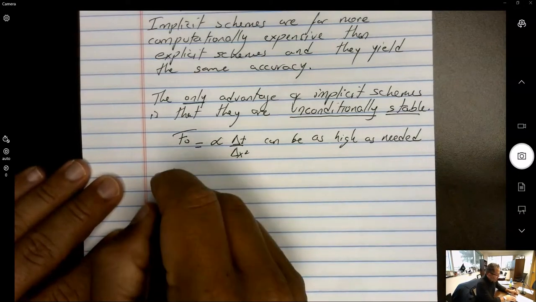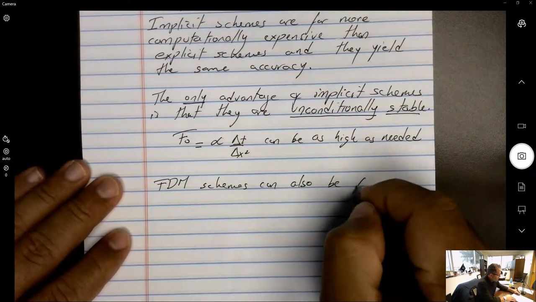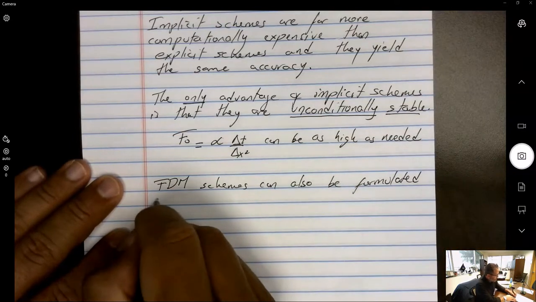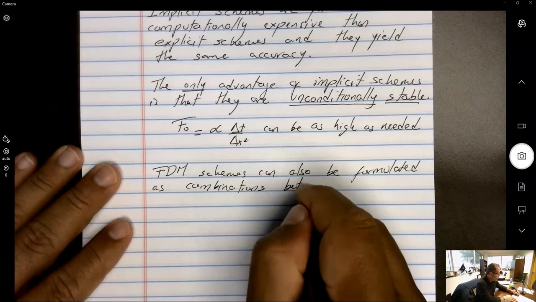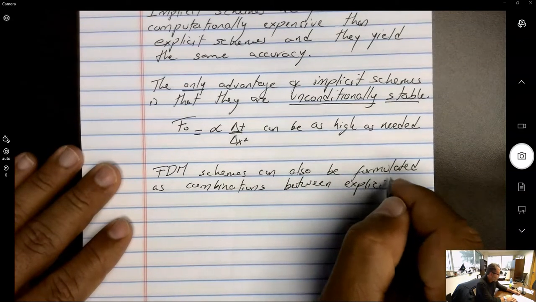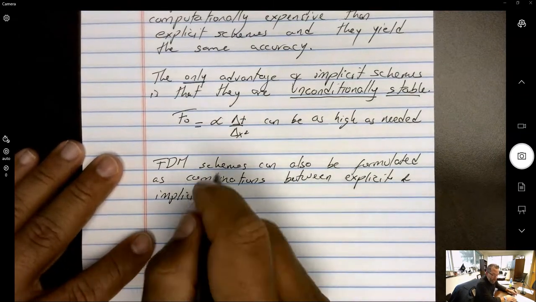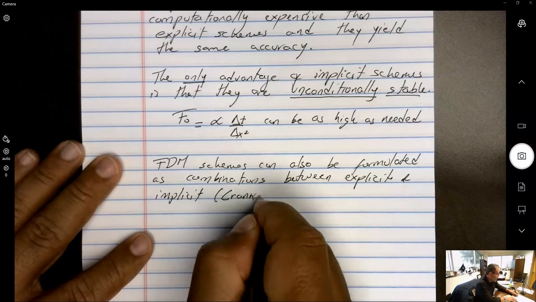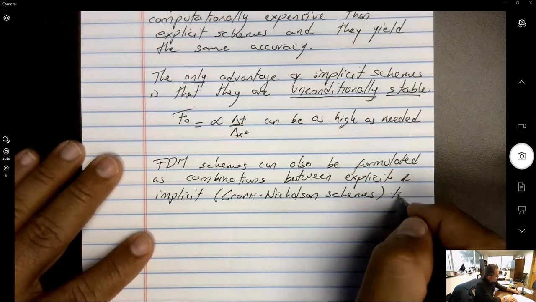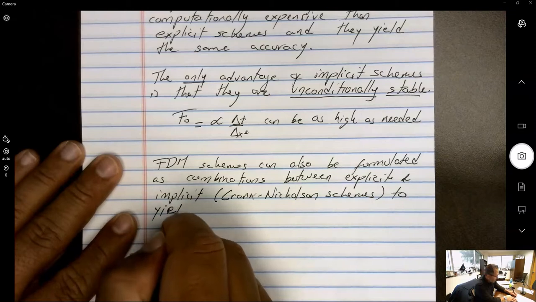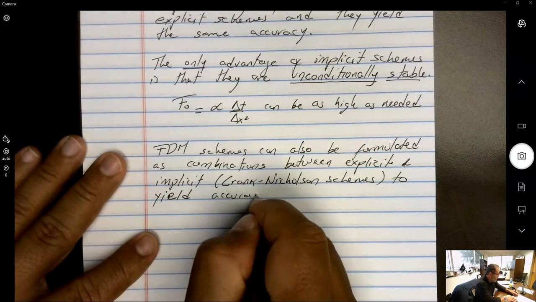So FDM schemes can also be formulated as combinations or mixes between explicit and implicit, and these are the so-called Crank-Nicolson schemes, to yield accuracy and stability.